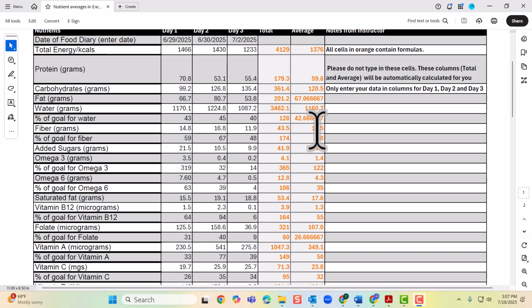Another question you'll be asked is, what was your average percent of goal for fiber? Again, we're looking at the average column. In this case, the intake, the actual grams of fiber on average was 14.5, which is about 58% of your goal.